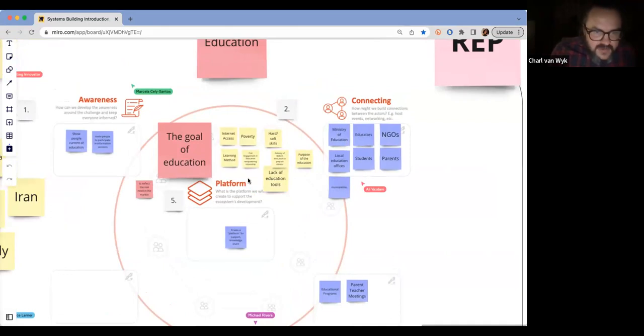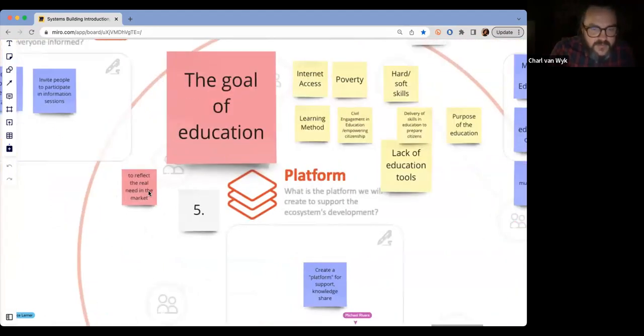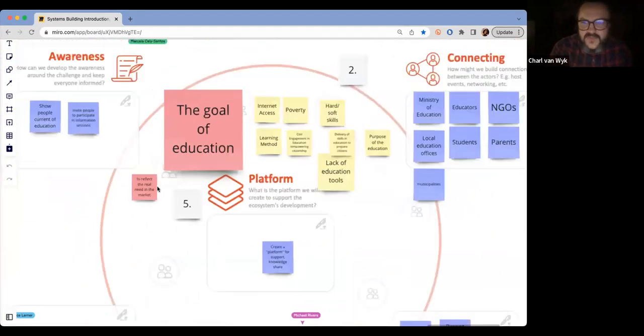Then, to make it more tangible, the bottom left red sticky asks: what is the reflection of education when it comes to what the market really needs, and how do we prepare students for that? Then we jumped to number 2 before looking at number 1.